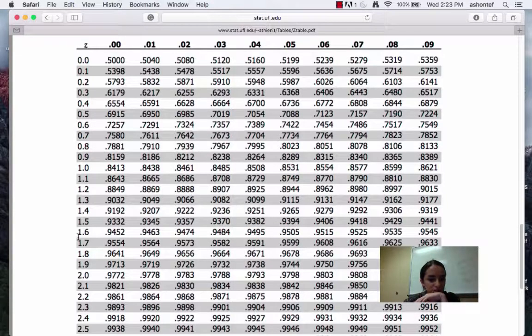So these are usually the ones you will use in your class, 1.96 and 1.645, because they represent 97.5% and 95% of the values under the curve.